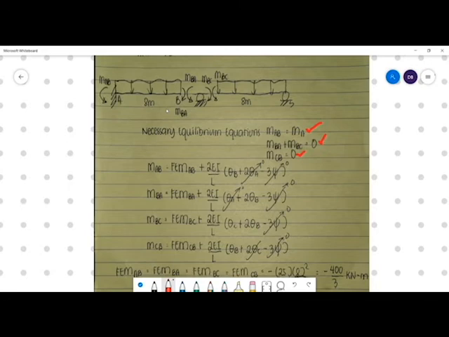Even if we place the uniformly distributed load, all the supports are on the same level. We also have no theta A because it is a fixed support, there is no relative rotation at point A. So theta A will become 0.